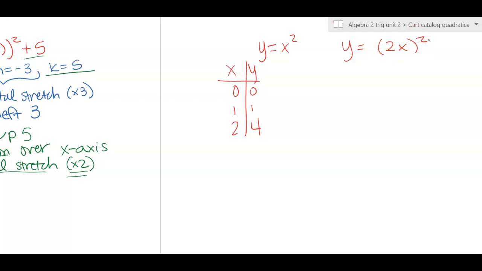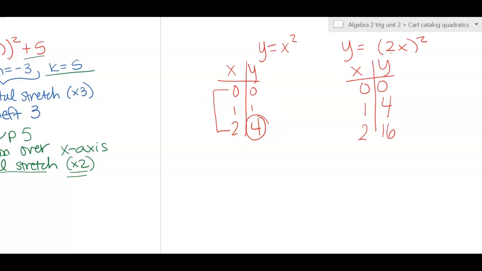Okay. If I put that portion of the table here now, 0 still becomes 0 squared. 1 now gets multiplied immediately by 2. So 1 times 2 is 2, and squared is 4. And then 2 gets multiplied by 2, that's 4, and squared is 16. So notice here that it took this much x's to reach a y value of 4.